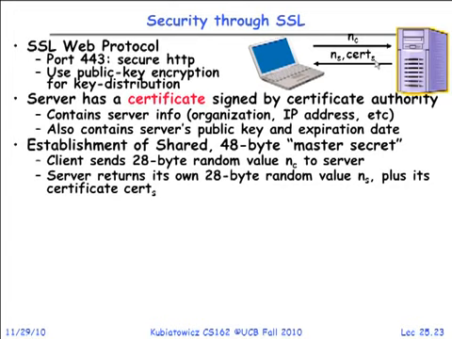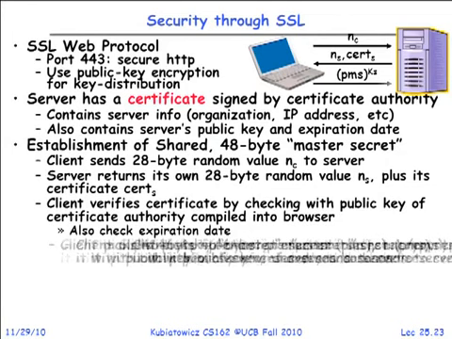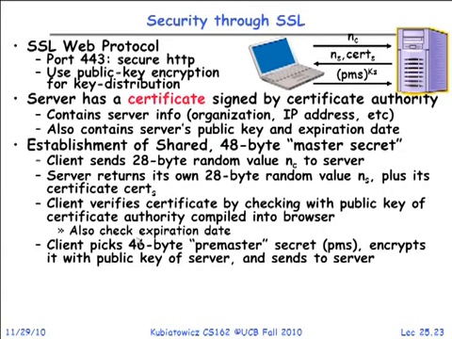Now that the client gets the certificate, they can check the public key, and they can start encrypting things that only the server can retrieve. So at that point, and by the way, I didn't make this up, this is SSL, they pick a 46-byte secret, which they encrypt with the public key and send back to the server.